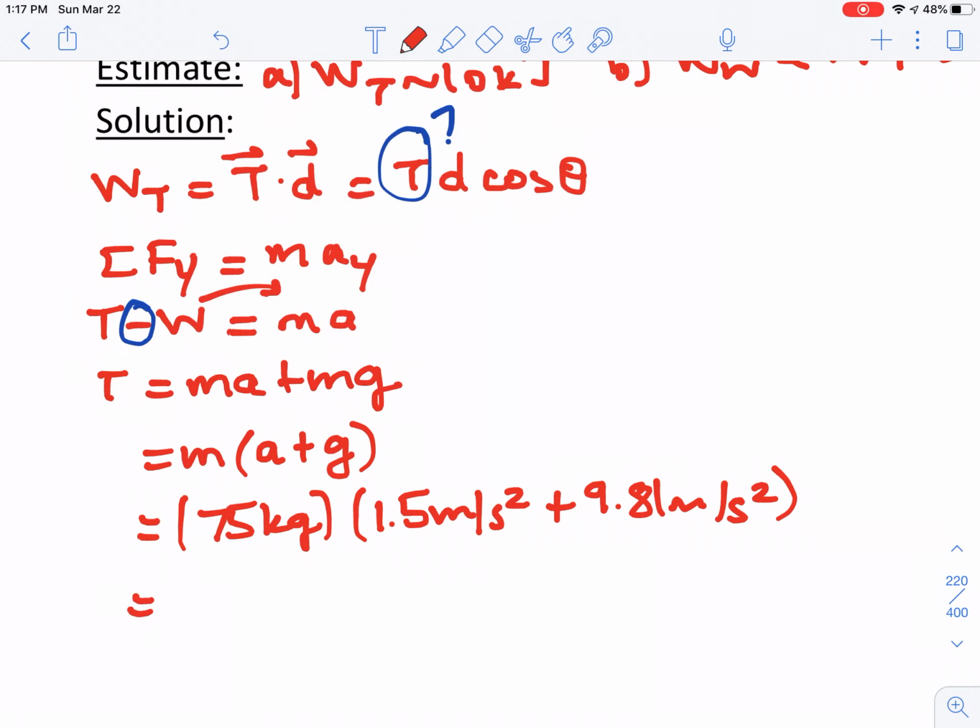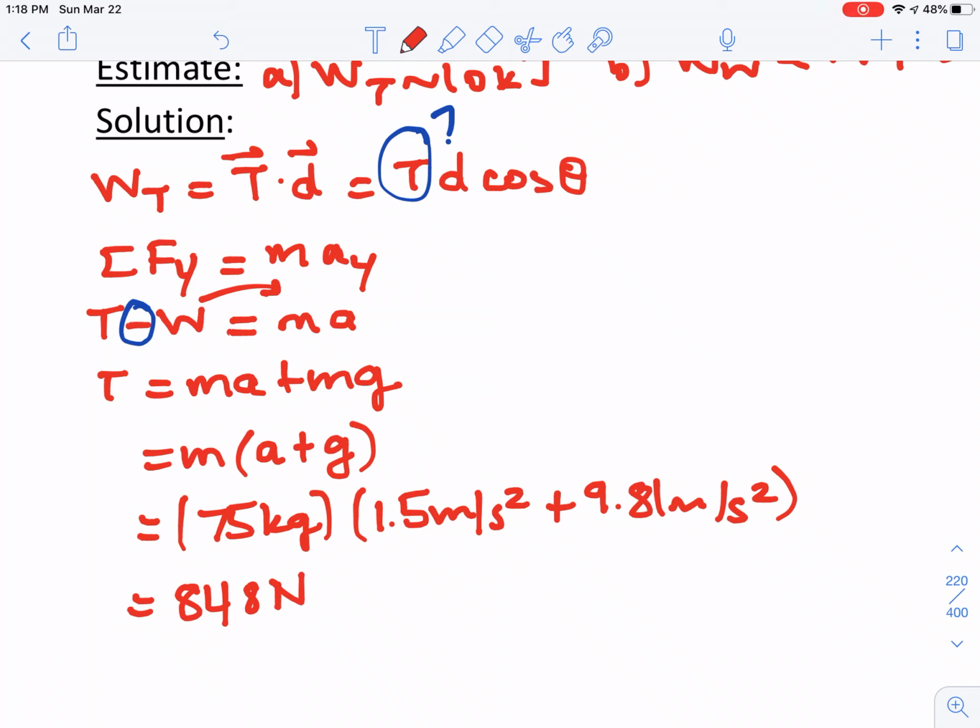you carry it out correctly. And this gives me the value of 848 newtons. Okay, so that's the tension force.